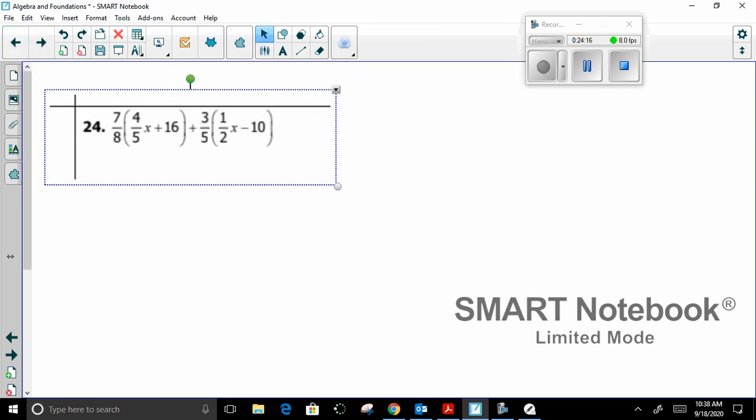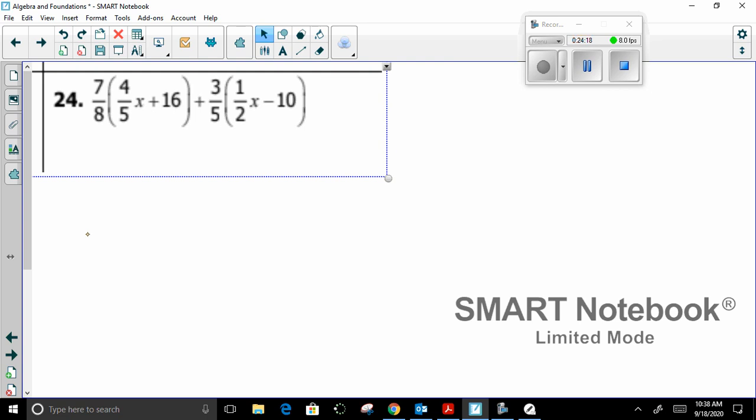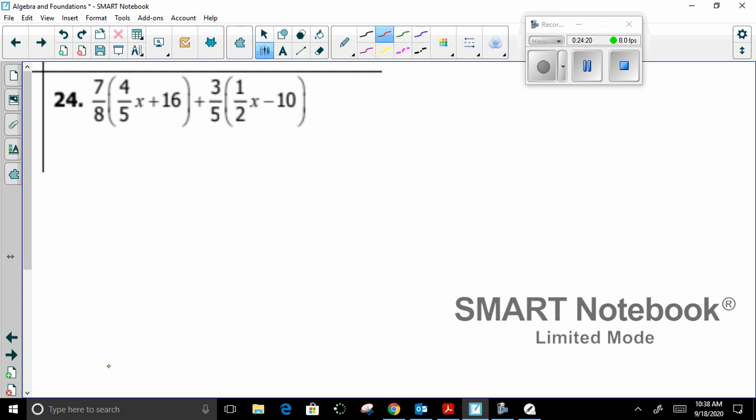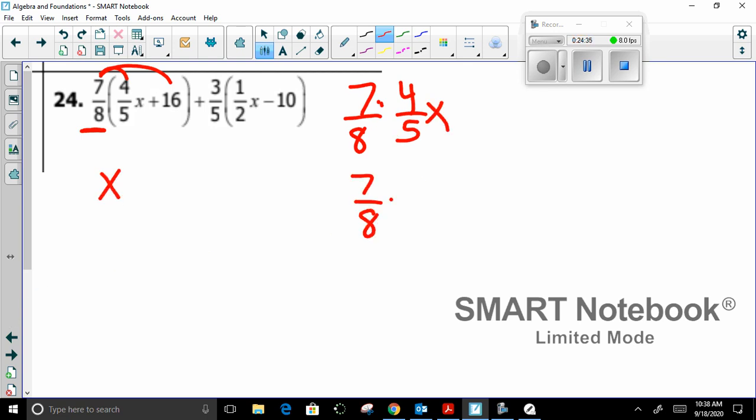Last but not least, some lovely fractions, but you get to use your calculator. So let's go ahead and get rid of the first set of parentheses by distributing my 7/8. So 7/8 times 4/5 x. Leave the x, multiply the fractions. Use your calculator, the steps that I just told you before. Alpha, remember the green alpha button?